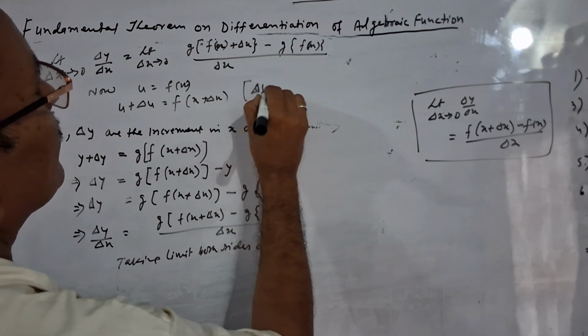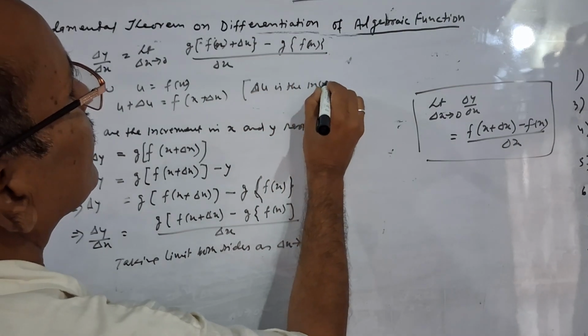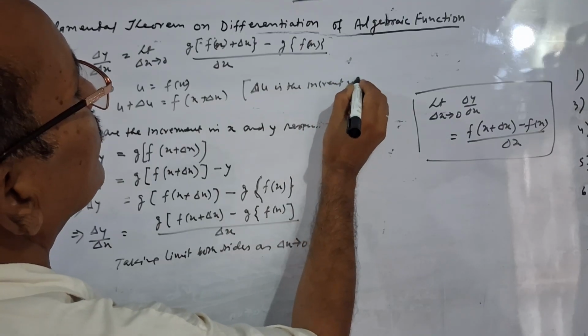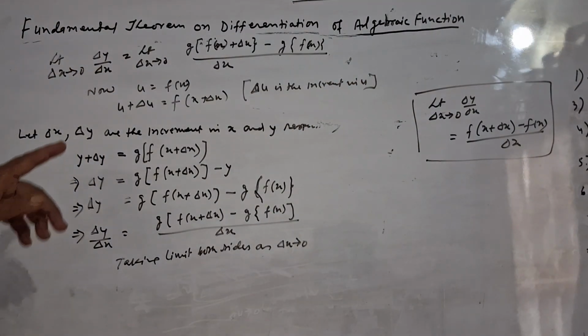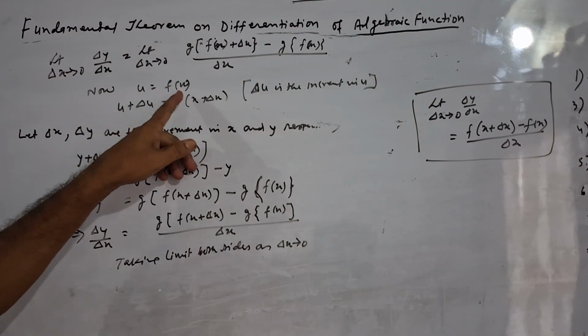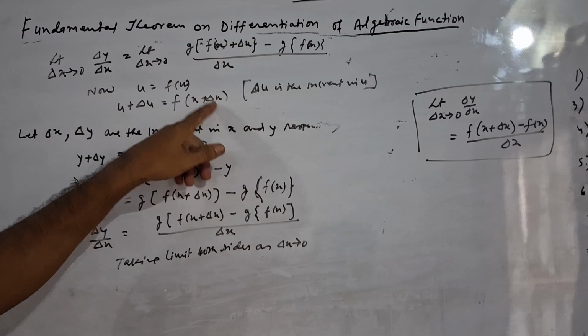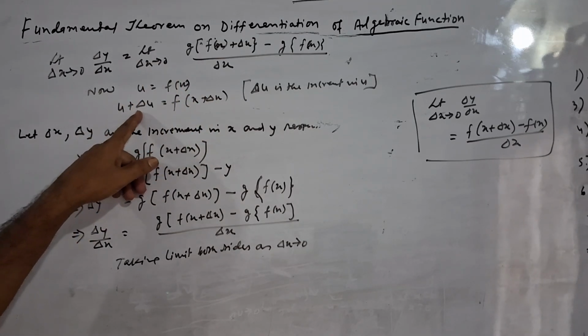Delta u is the increment in u. If u is the function of x, and there is an increment delta x in the variable, a corresponding increment will be there in the function u.